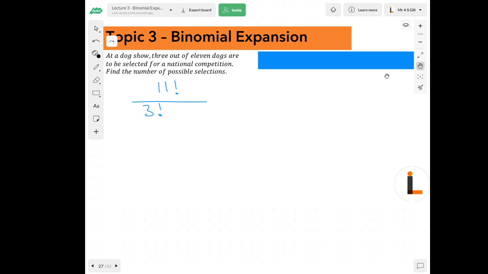Now, only 3 of these dogs are going to be successful. So again, we're using that measure of success. So out of 11, only 3 of these dogs are going to be successful, which means there will be 8 unsuccessful dogs.